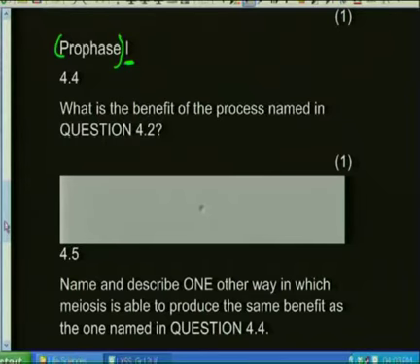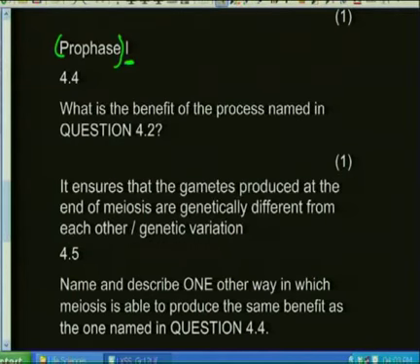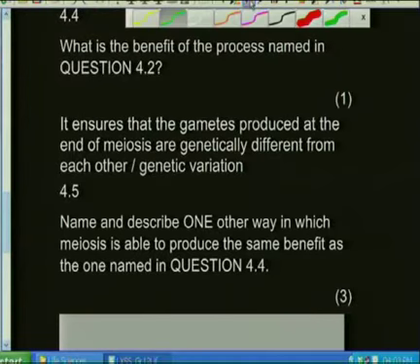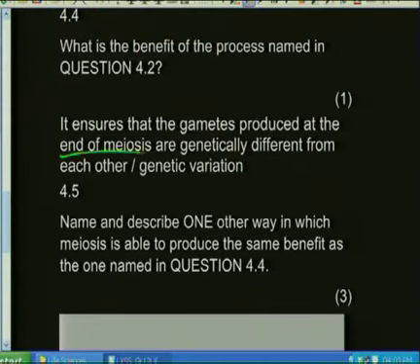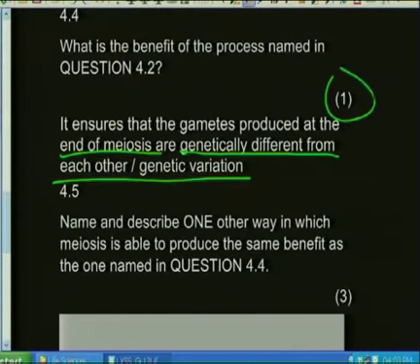What is the benefit of the process named in question 4.2? We've spoken about it already. It ensures that the gametes produced at the end of meiosis are genetically different from each other. In this case, they only gave 1 mark. If the same thing asks for 3 marks, significance, then you'll start by saying, what did I tell you earlier?